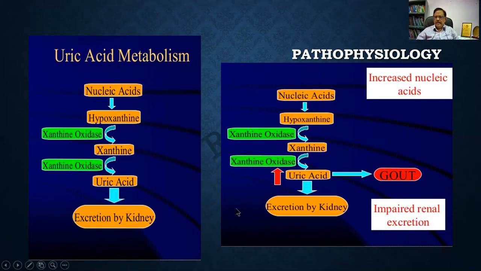The second condition is when there is an impaired renal excretion. When there is impaired renal excretion, uric acid is retained. This again leads to uric acid crystals and gout. So this is a normal metabolism, and here you find these are the abnormalities. Remember these two things in the boxes.